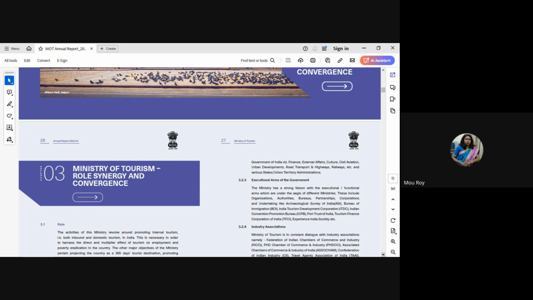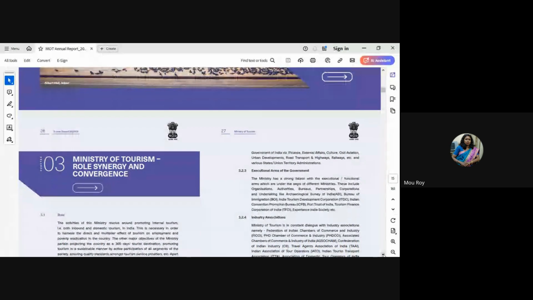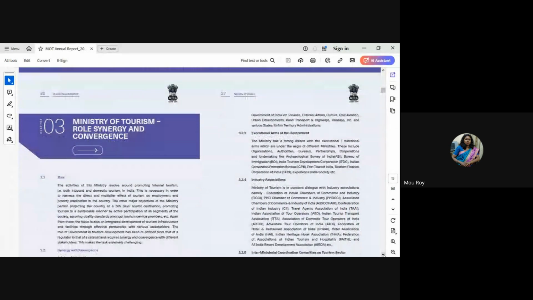How the Ministry of Tourism runs, what their objectives are. I told you about different associations of tourism, like IATO, the Indian Association of Tour Operators, which come under the Ministry of Tourism.